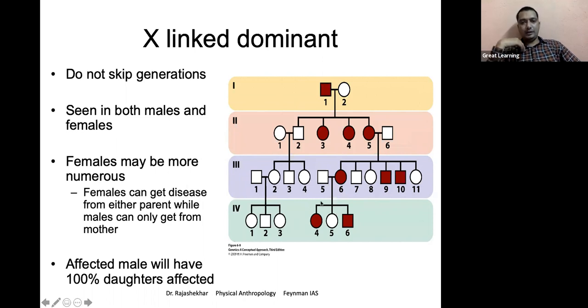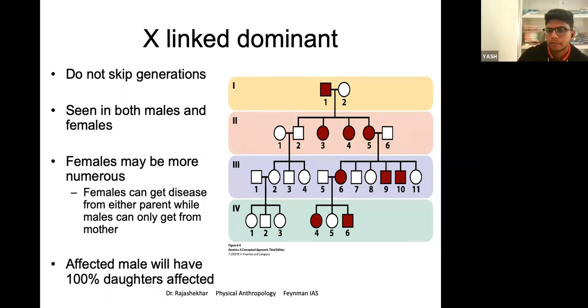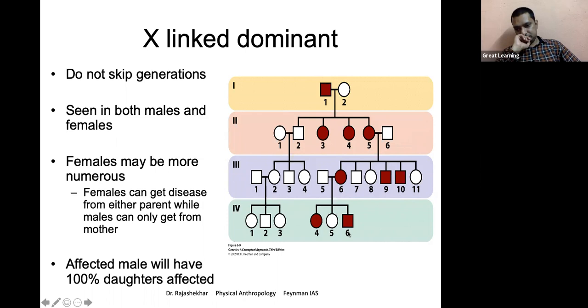Found in all generations. So dominant or recessive character then? Dominant. Seen in both males and females, no skipping of generations, and more females are affected. Why?